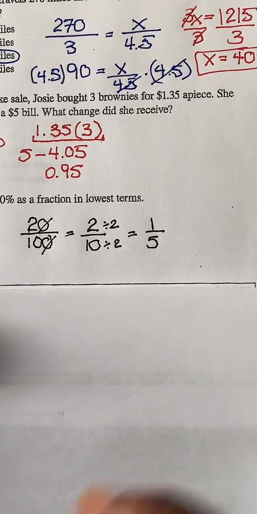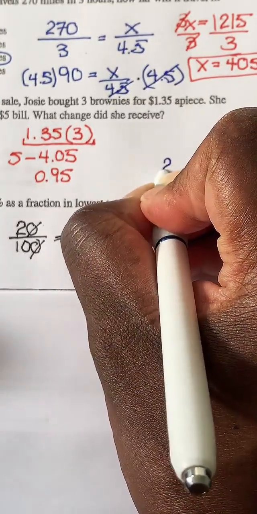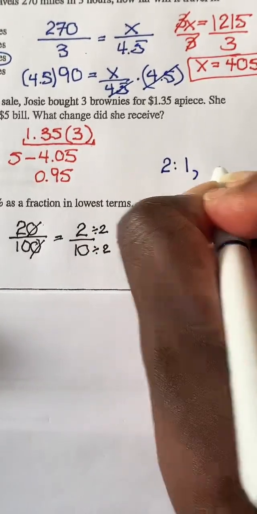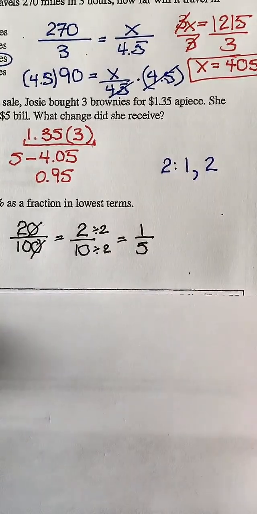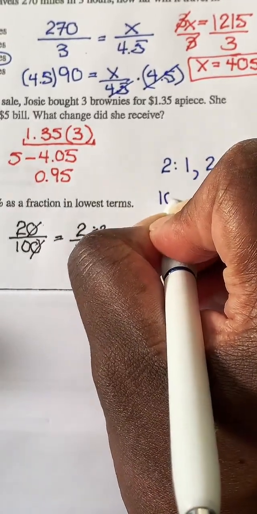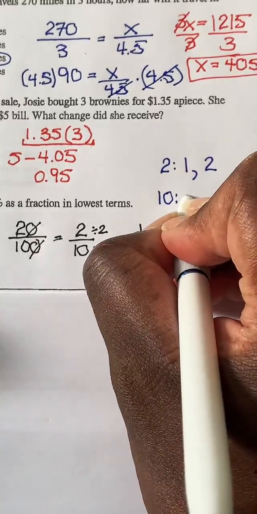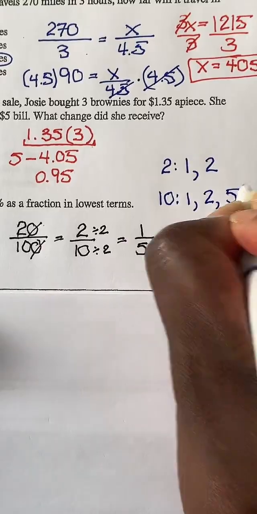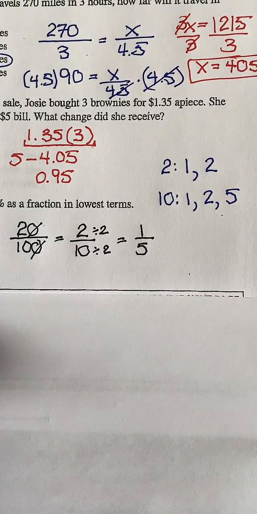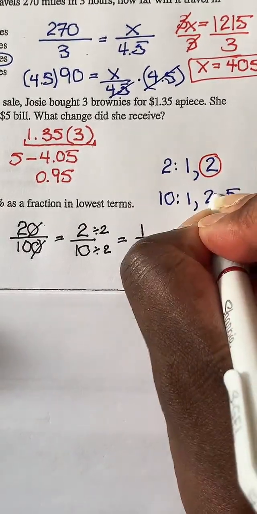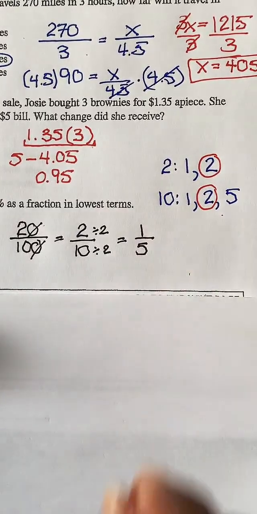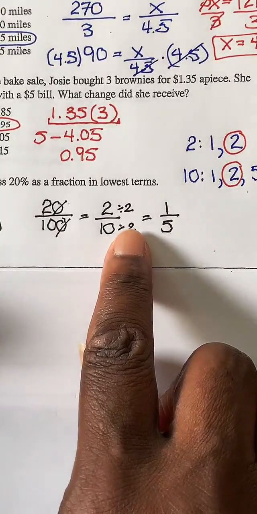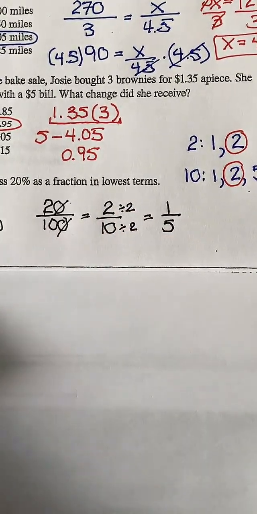If I'm looking at the 2's times table, where do I find 2s? I find a 2 in the 1 times table and also in the 2 times table. Where do I find a 10? Well, I find 10s in the 1 times table, the 2 times table, and the 5 times table. So what multiplication is involved with both 2 and 10? It's going to be the 2 times table. That's why you want to divide it by 2.